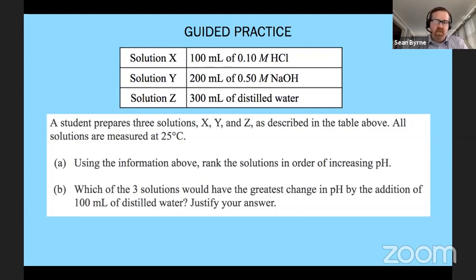About 5 more seconds just to write down a quick thought or an idea about how you would tackle this problem. Okay, great. If you need more time, feel free to pause and come back to us when you have a good solution that you want to compare to our solution.